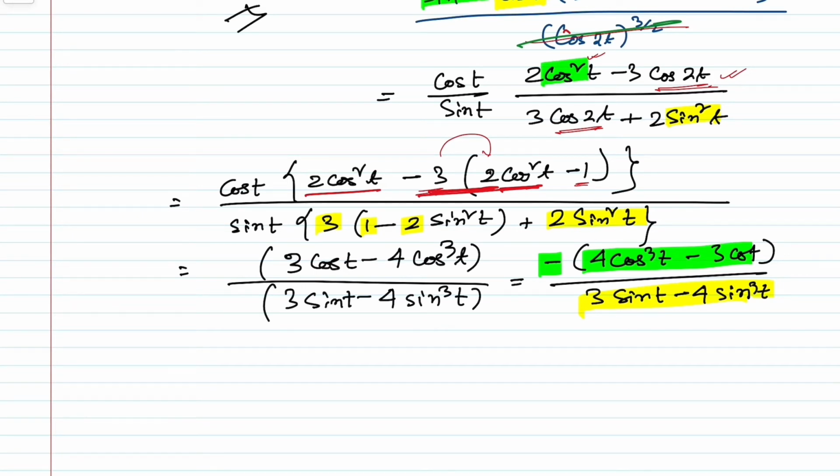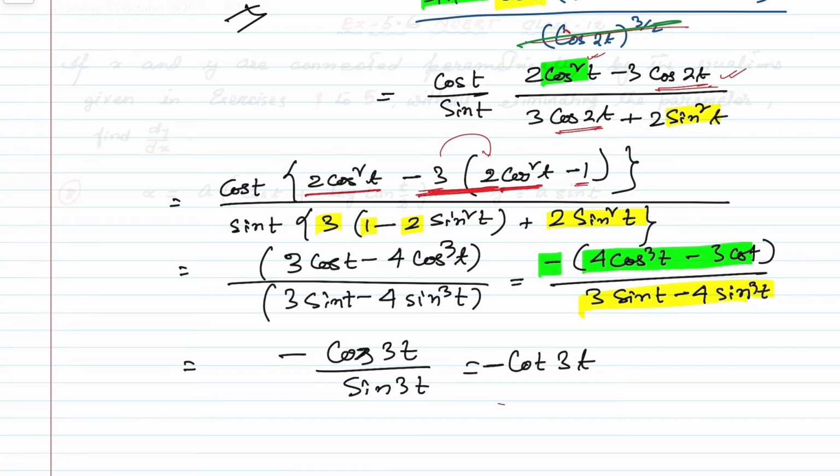So we will get minus cos 3t over sin 3t. I hope you have understood this. Our final result will be, since cos by sin is cot, minus cot 3t. So this is our result.